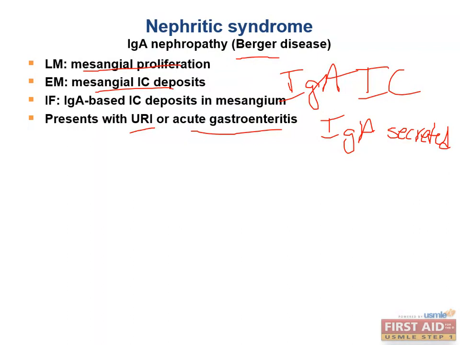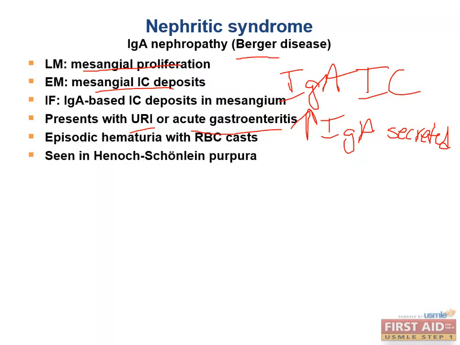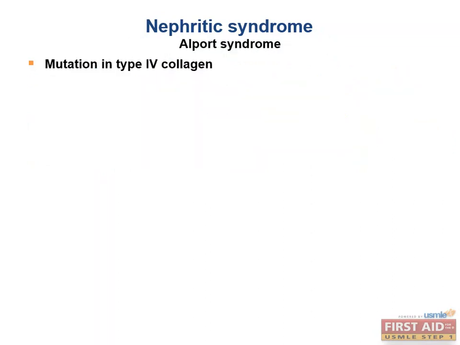It's secreted in the respiratory tract and it's secreted in the gut. So when there is an infection in one of these two places, IgA production increases, and this leads to a flare of IgA nephropathy. Patients will have episodic hematuria with RBC casts, and it's associated with Henoch-Schönlein purpura, which is a more systemic deposition of IgA immune complexes.